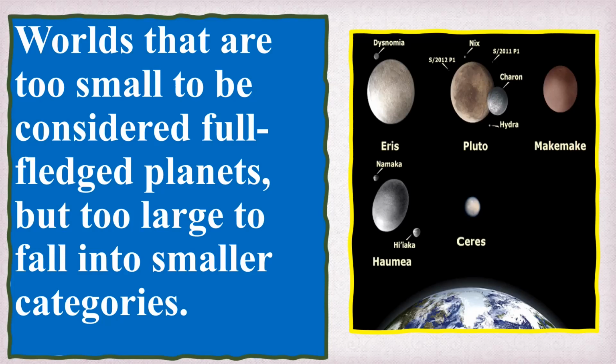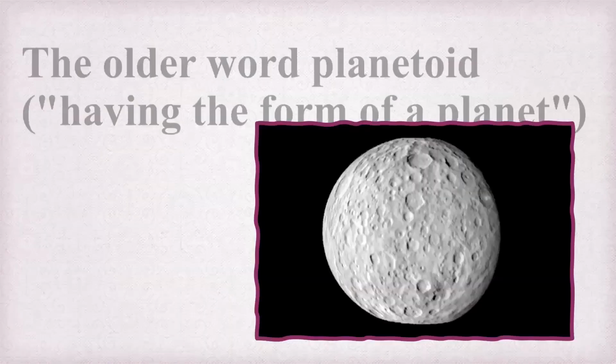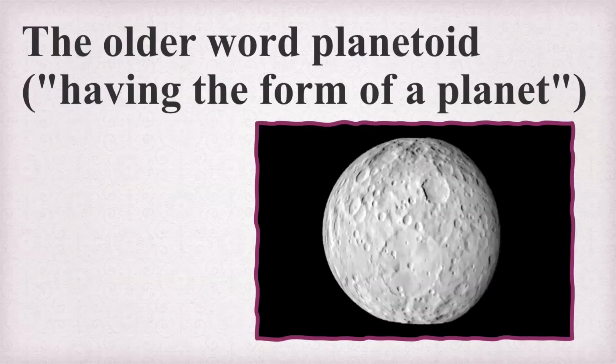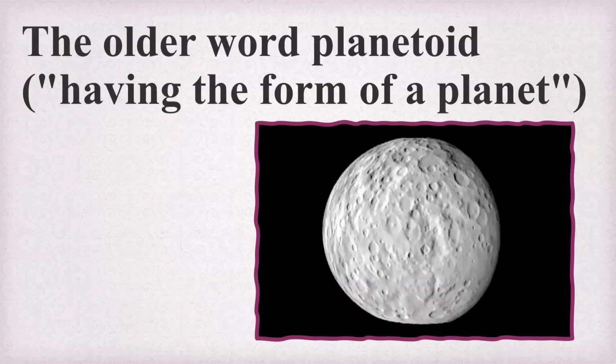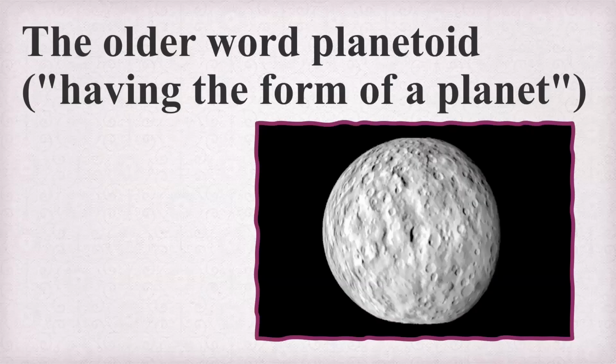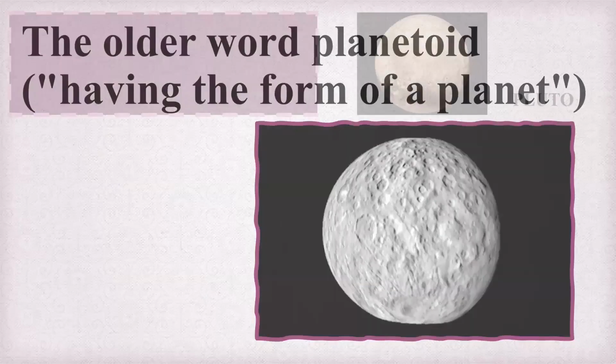They are celestial bodies that share some characteristics with planets but do not meet all the criteria to be considered full-fledged planets. That is what it means. Examples are Pluto, Eris, Haumea, Makemake, and Ceres. The older word for them is planetoid, because it means having the form of a planet.